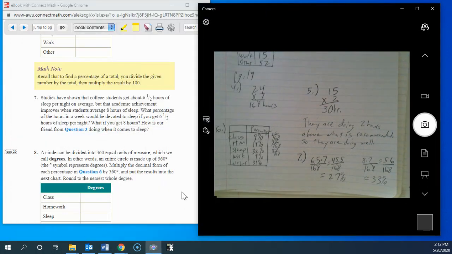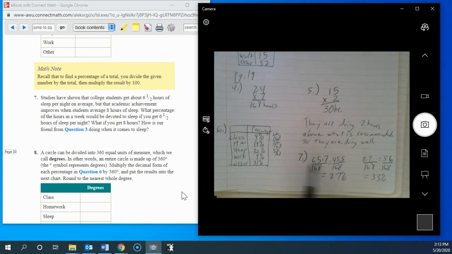Now, the question asked, how is our friend from question 3 doing when it comes to sleep? If we look here at sleep, they're at 32%. They're slightly off.